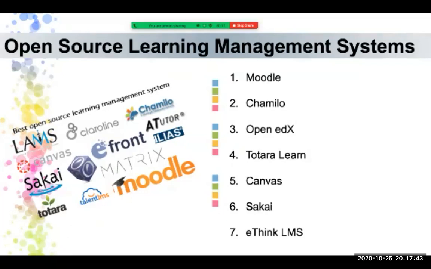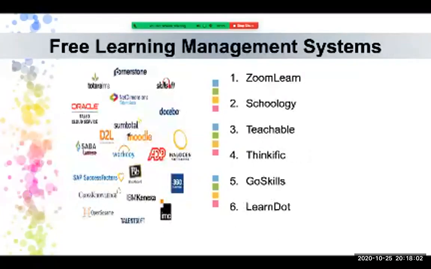So with open source learning management systems, you are saving some money, but on the other hand, you are paying that money to the programmers and the network engineers to maintain that open source learning management system.